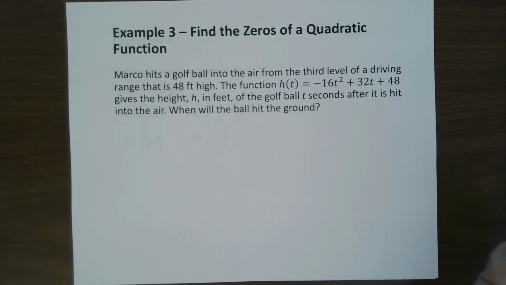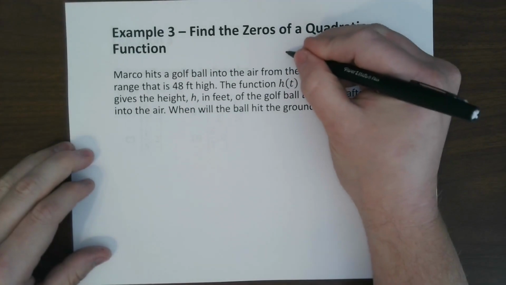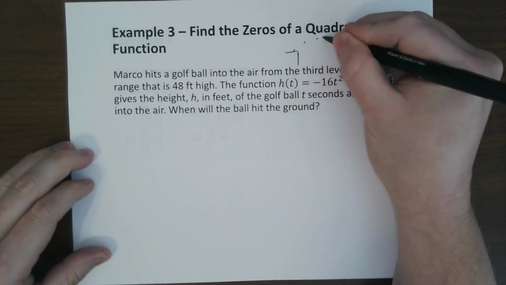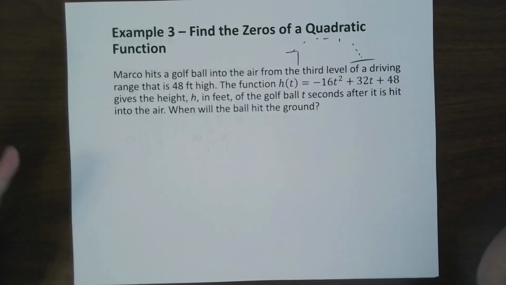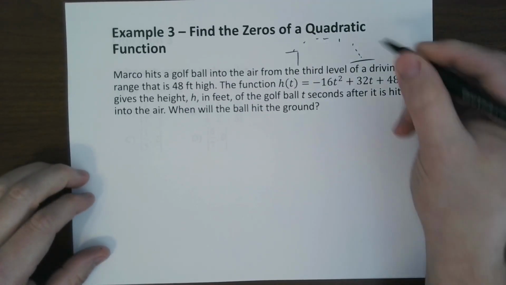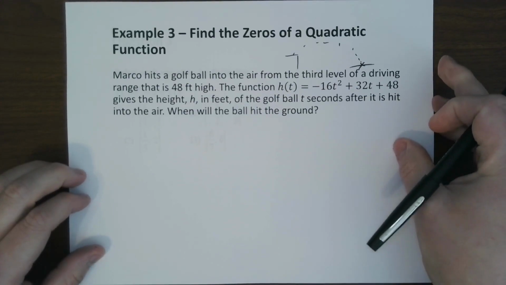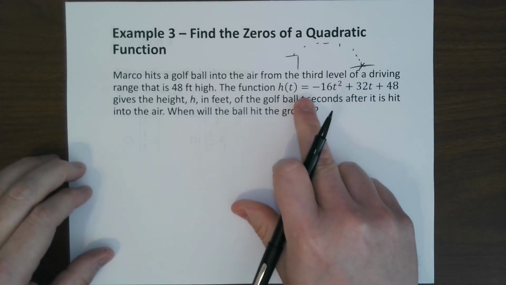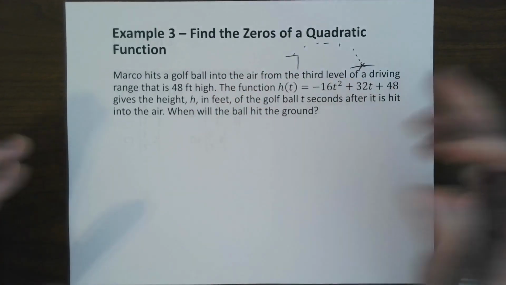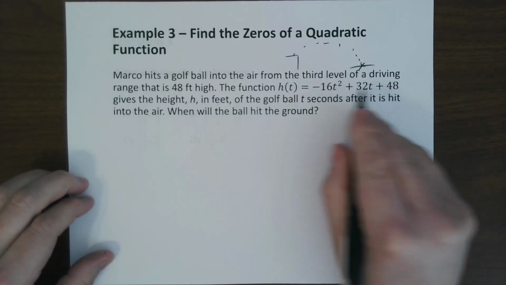So if you want, you could draw a picture of, guy up on thing, knocking a golf ball, landing on the ground. Cool. But if you notice, it's going to hit the ground once. Just keep that in mind for when we solve this problem. So what we're going to do is, when it hits the ground, it's at 0. So we're going to set this equal to 0.